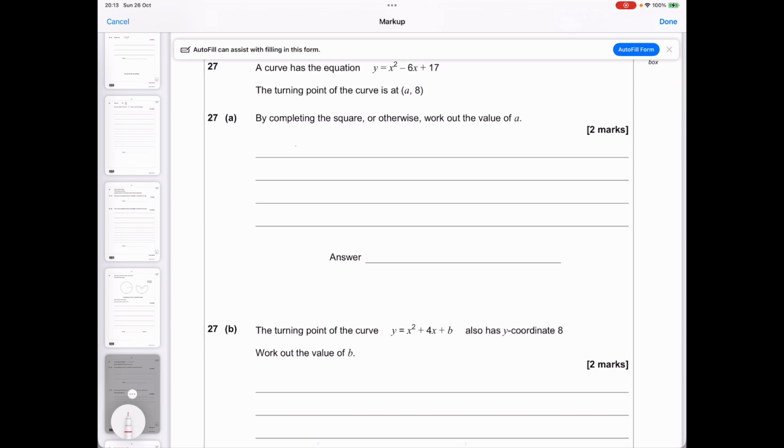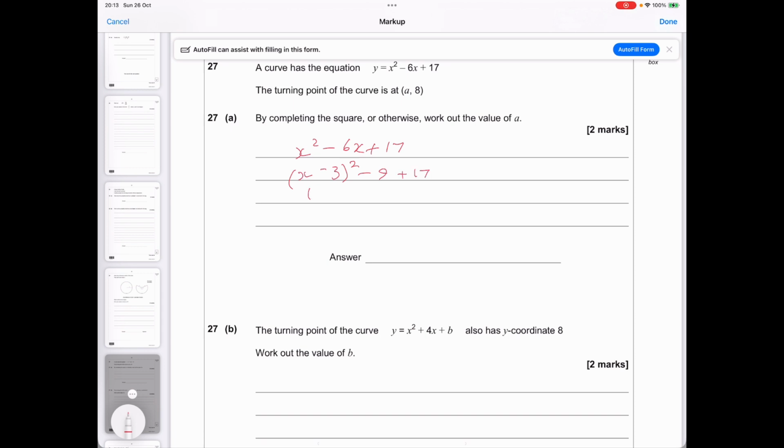So we know that in order to find that, we go x squared minus 6x plus 17, and then we halve the coefficient of x to complete the square, square it, and that would give us x squared minus 6x, but it also gives us plus 9, so we're going to have to take 9 away, add 17.